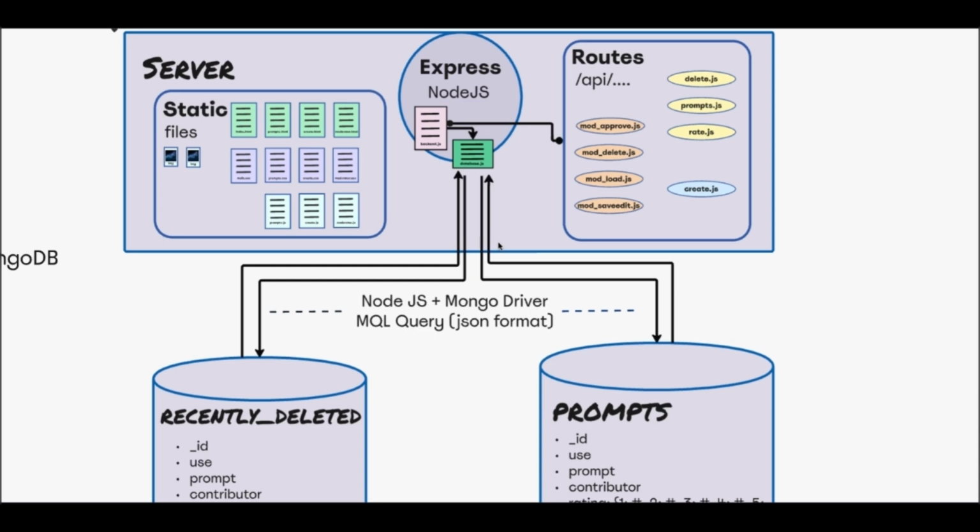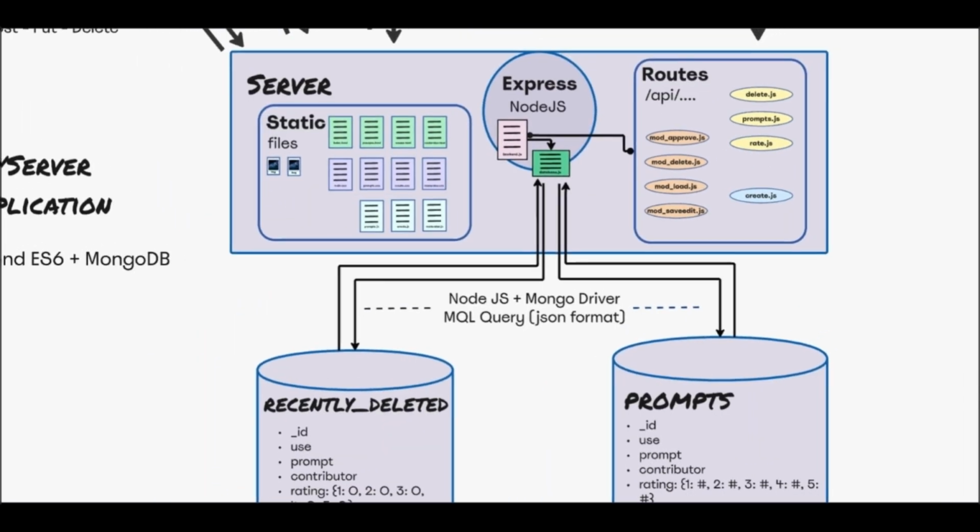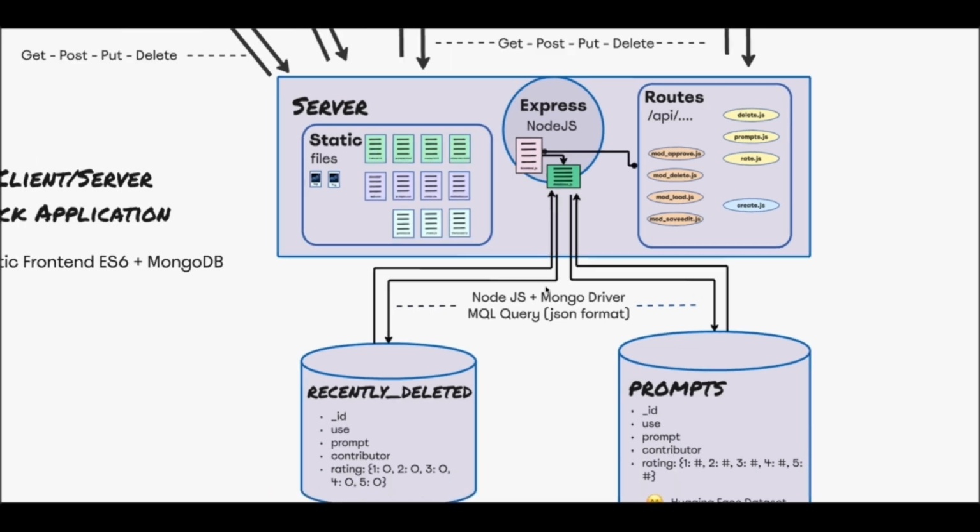For ours, we used routes. The routes are smaller, broken-down pieces of code that each have essentially a single function in mind. And that interacts with the backend JavaScript files and the database JavaScript files to gather what information is needed and then communicate that back to the client side.